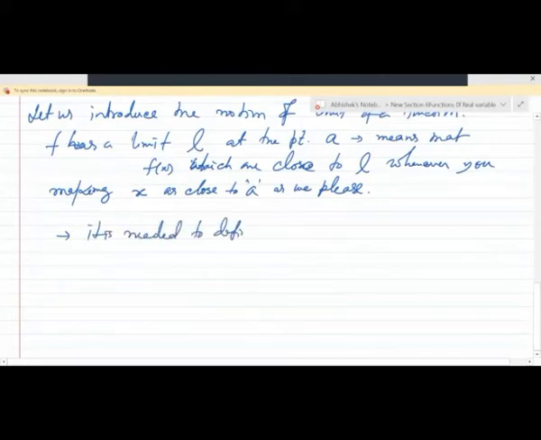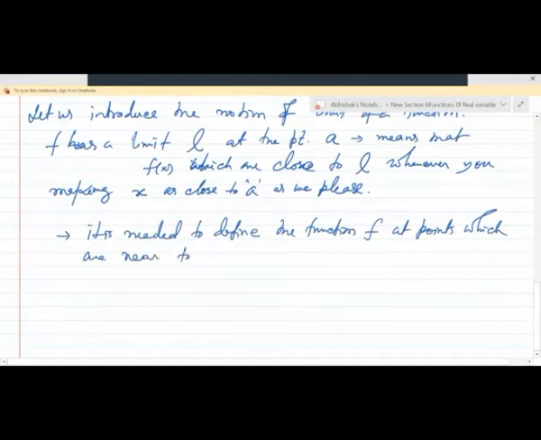Because we are dealing with those f(x) for which x is closer and closer to a, you need to define f at those points. So f should be well defined at the points which are close to a.